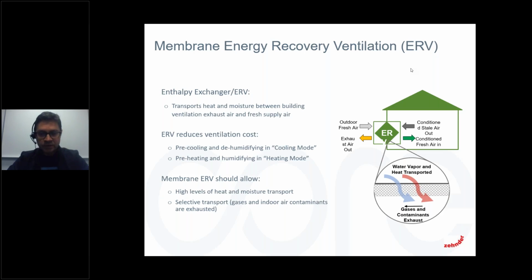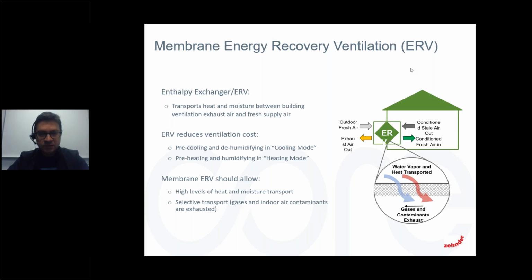And so the membrane is preferentially transferring both heat and water vapor, and blocking the transport of gases and contaminants transferring between the airstreams in the buildings.